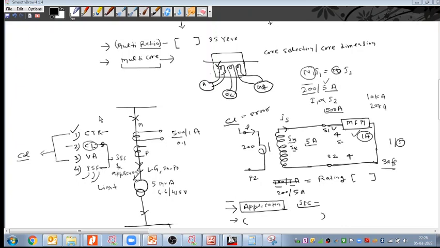A 10 VA CT means it can produce 10 VA power. Now you are putting a 20 VA burden. You are increasing the resistance, so the CT will not be able to handle that burden. Okay, Raghunath.